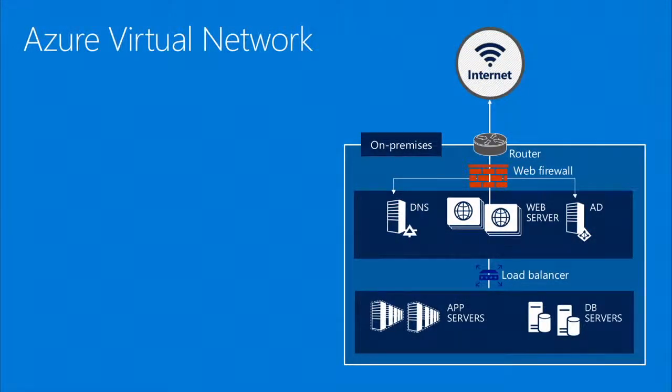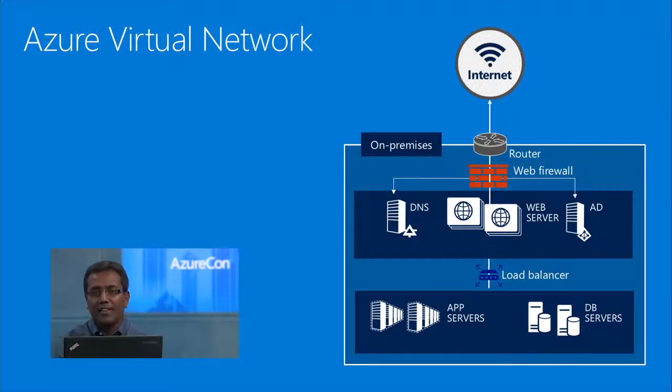So here is a picture that represents a very simplified representation of your on-premises network. So think of the outer box, which is called the on-premises, to be representing your on-premise network. So it probably has an address space like 10.1/16 or 10/8. You're connected to the internet through some routers, hardware routers.